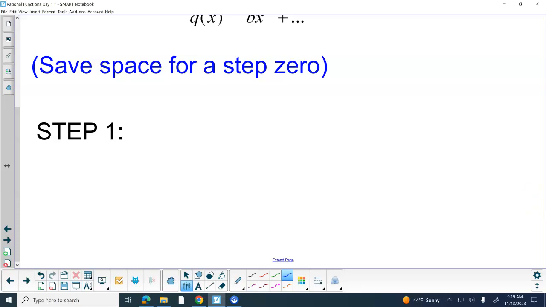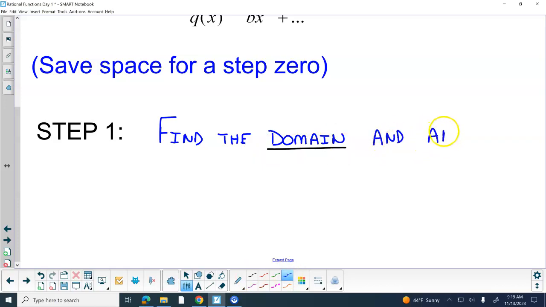Step number 1 is going to say the very first thing that you are going to do when you go to graph on every single one is you are going to find the domain and any vertical asymptotes.